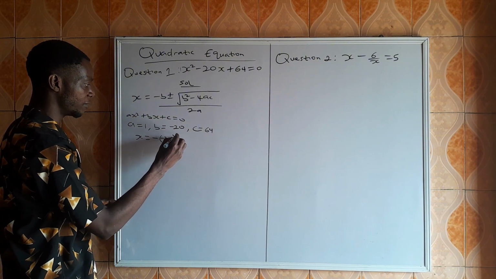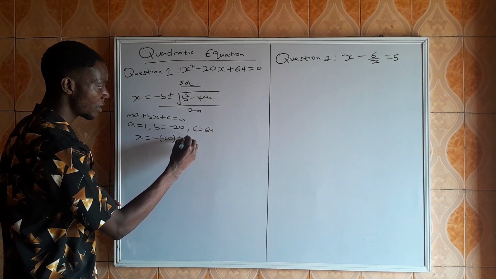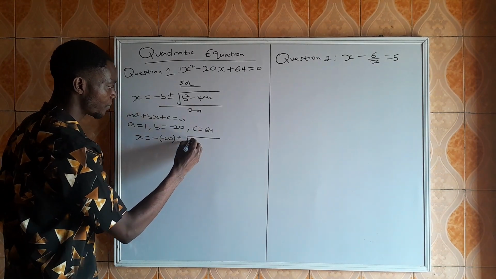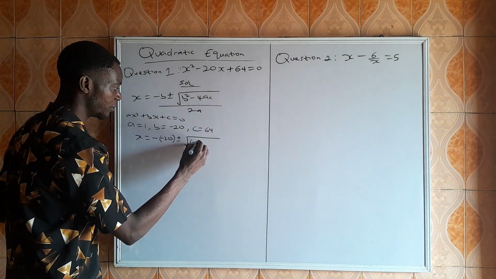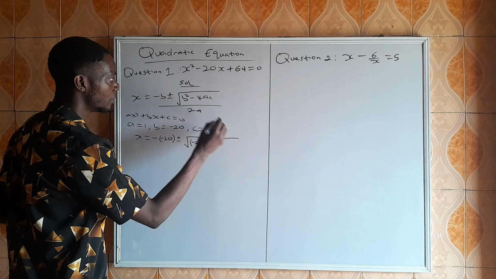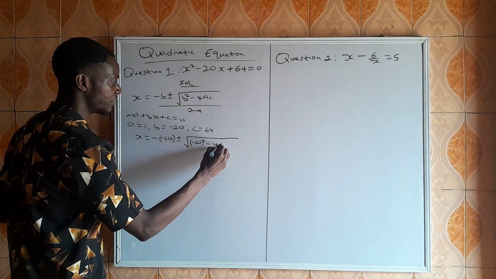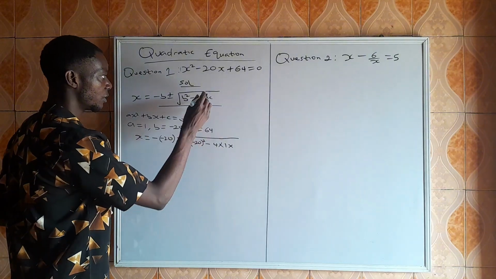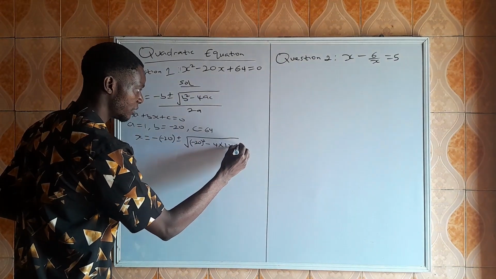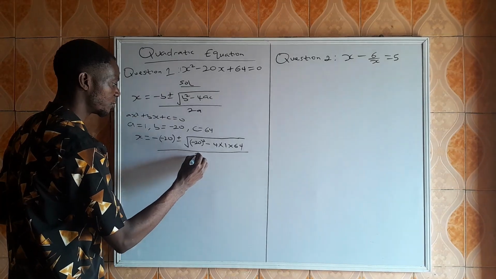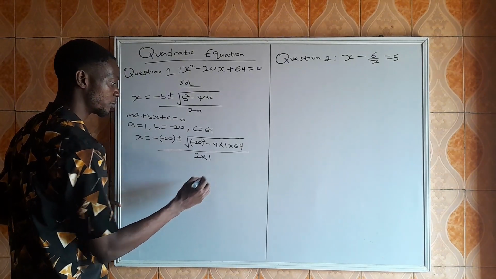So you have minus minus 20 plus or minus the square root of b squared. Your b is minus 20 there, so you have minus 20 squared minus 4ac. So you have 4, a is 1, and your constant value, which is c, to be 64. Then all divided by 2a, which is 2 times 1.